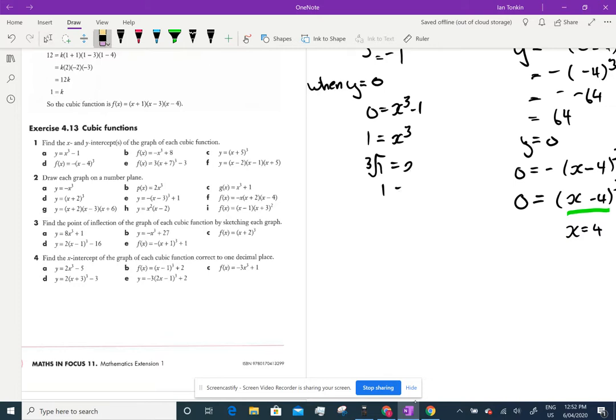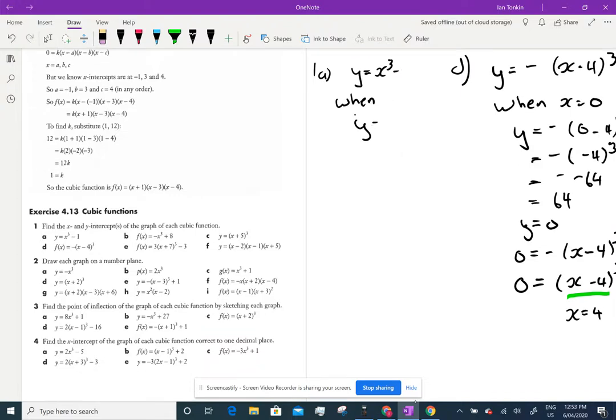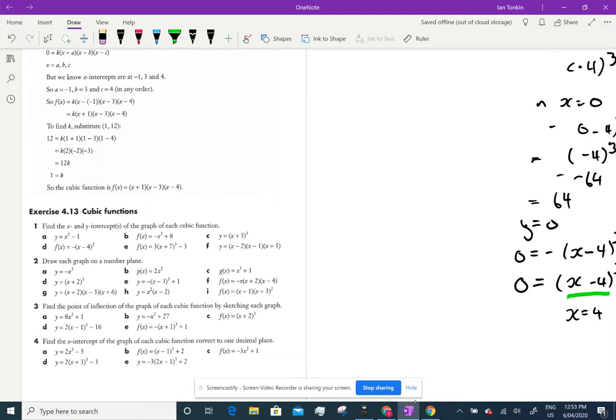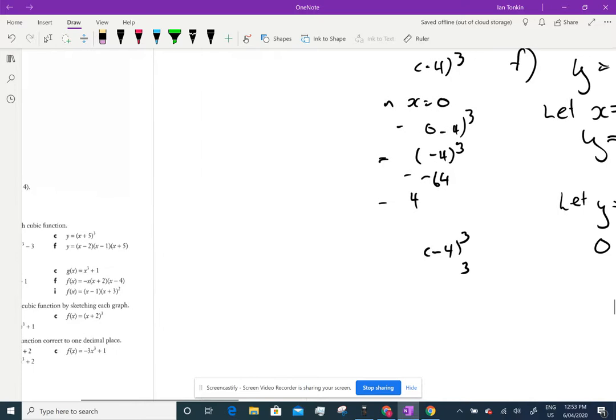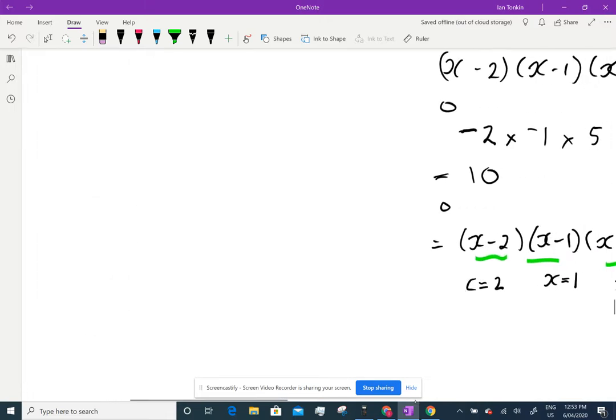Now, let's have a look at question 2, because it's the most important one, I think. Drawing these. So to draw these, and it's very hard to draw these accurately, which is why when they ask you to find graphic solutions to some of these, you can't.